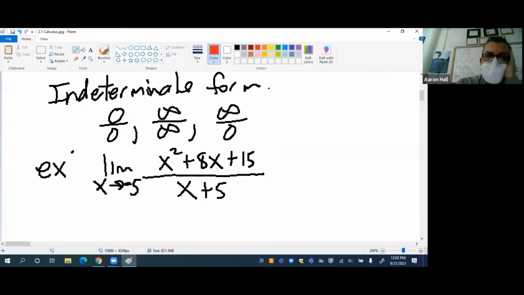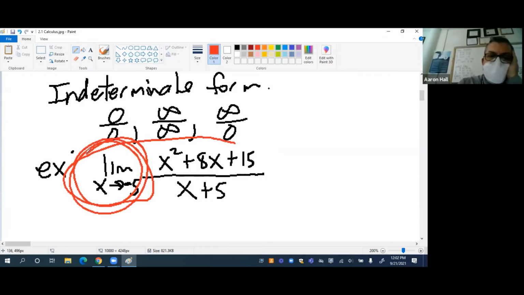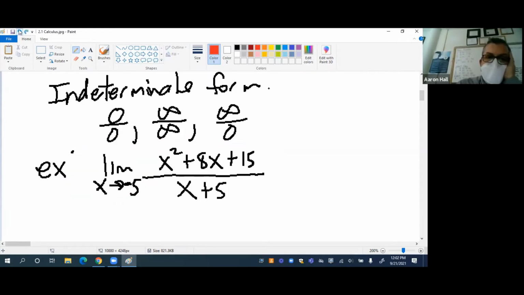Read this for me. What does this say? Limit as x approaches -5. What is the limit when x approaches -5 for this function? If I plug it in, do I get an indeterminate form? No.